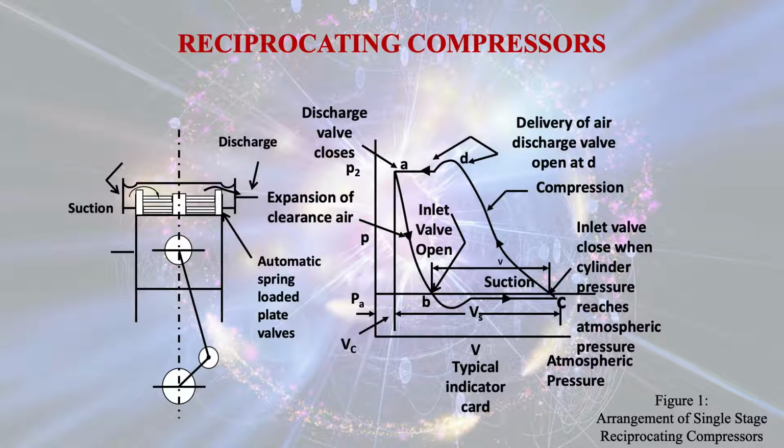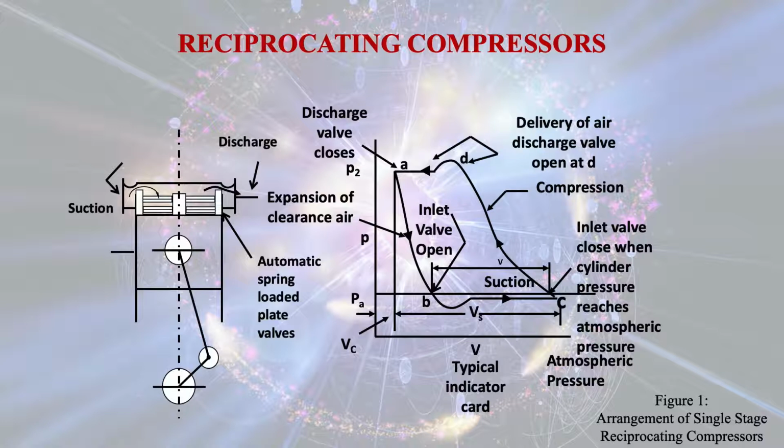Now we have just discussed the compression process which starts from the point C. As the piston moves in the upward direction, the volume will decrease and the pressure will increase. At the point D, it will reach the end of the compression process.